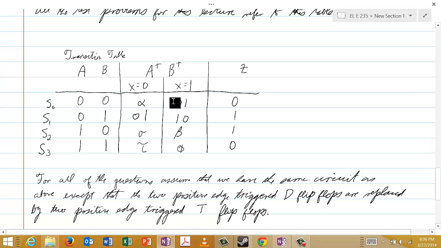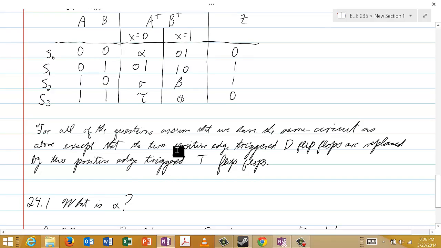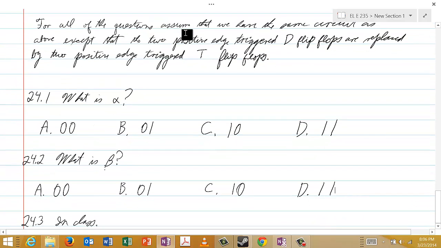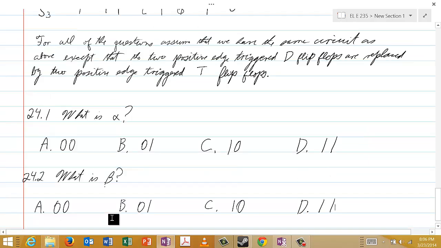I've filled in the next value of A and next value of B here, here, and here in these three cases. And what I want you to do, the questions are, what is alpha and what is beta? And then we'll have another question in class.